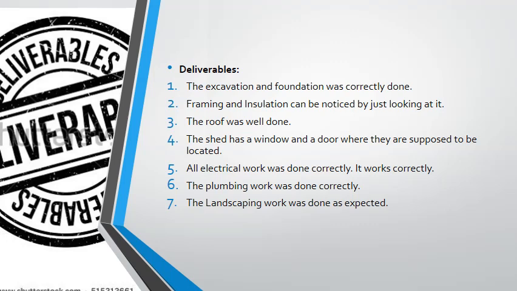The shed has a window and a door where they are supposed to be located. All electrical work was done correctly. It works correctly. The plumbing work was done correctly.